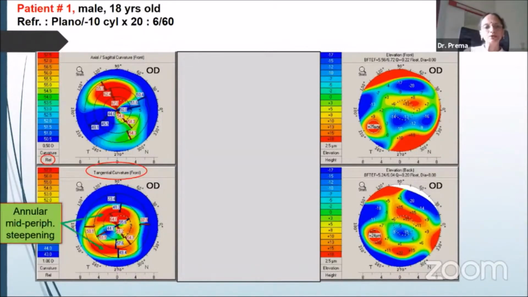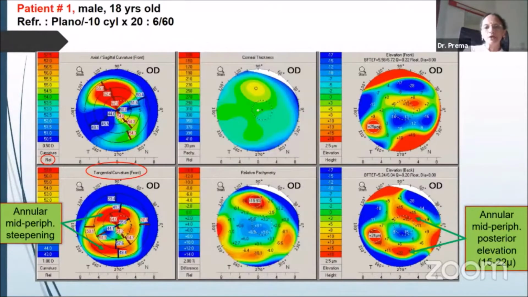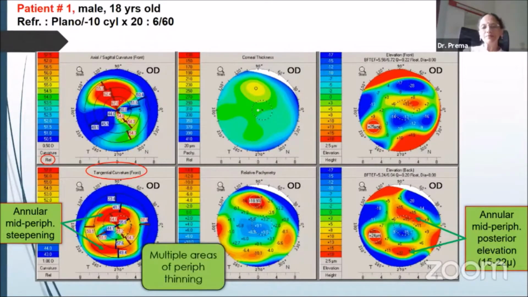And now we're beginning to see that there is an annular mid-peripheral steepening, which corresponds with the area of a mid-peripheral posterior elevation. But if you look at the thickness maps, you will now find several areas of peripheral thinning.